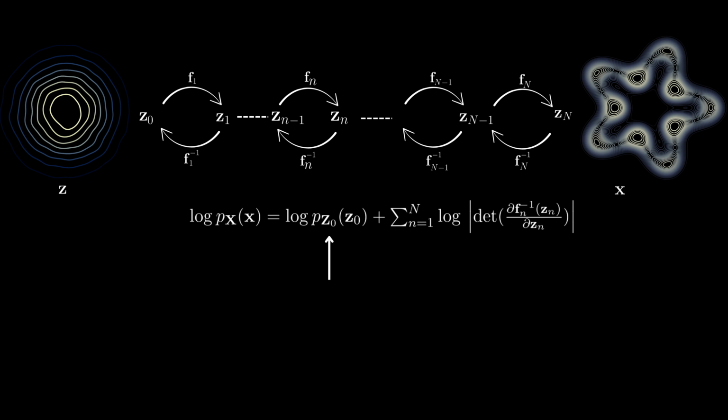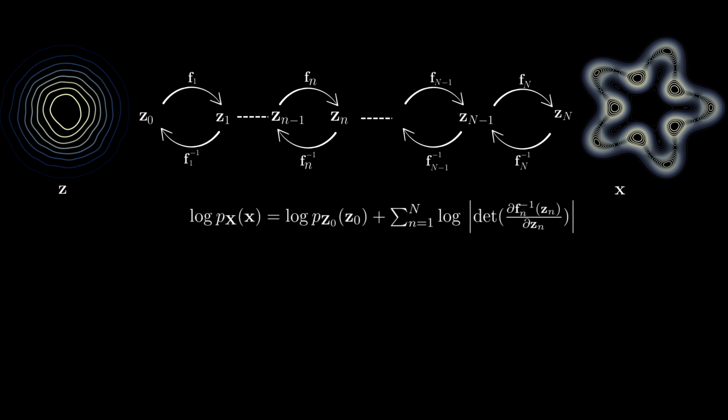Since Z0 would just have a Gaussian distribution, we can easily get an expression for log p Z0, and that plus the log determinant terms becomes our log likelihood of data point, and we train our model to maximize this value. For sampling, once we have trained the model, we can take samples from initial simple distribution and have it flow through the inverse of the learned transformation layers to get a generated data point. This was all about normalizing flows.